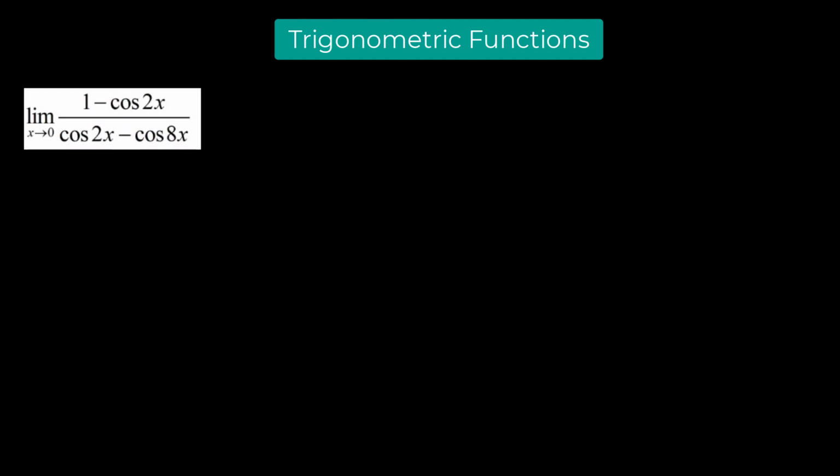So here we have a trigonometric function 1 minus cosine of 2x divided by cosine of 2x minus cosine of 8x.